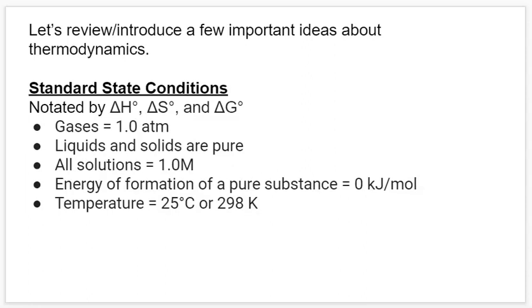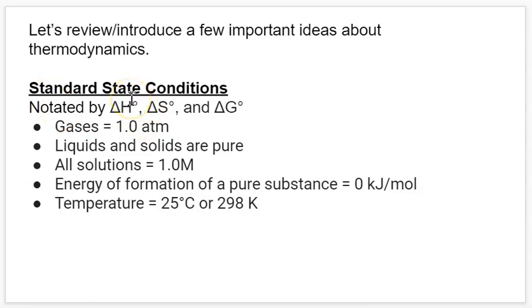So before we get into it, I want to review and introduce a few important ideas about thermodynamics. In Unit 6, we've already studied thermodynamics a bit, learning about energy in chemical reactions. And in that unit, we defined something called standard state conditions, which is a normalized set of conditions that is notated with this little degree symbol.